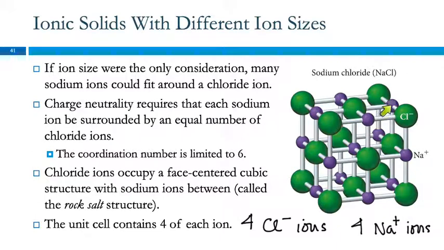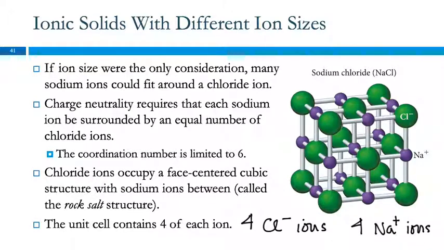Well, the edges, let's see, there's 1, 2, 3, 4, 5, 6, 7, 8, 9, 10, 11, 12. There's 12 that there's a quarter of. So that's 3, plus the one in the middle.